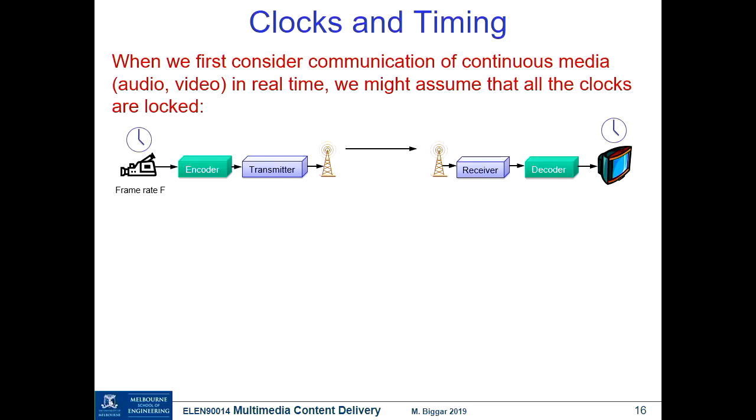We've got this frame rate f, that would, if we had x bits per frame to represent each frame, then f times x would give us y bits per second, and then that would be converted to some sort of symbol rate. And at the receiving end, we would have a certain number of symbols per second, and that would give us a certain number of bits per second, and that would give us a frame rate again. So everything would be locked in synchronism.